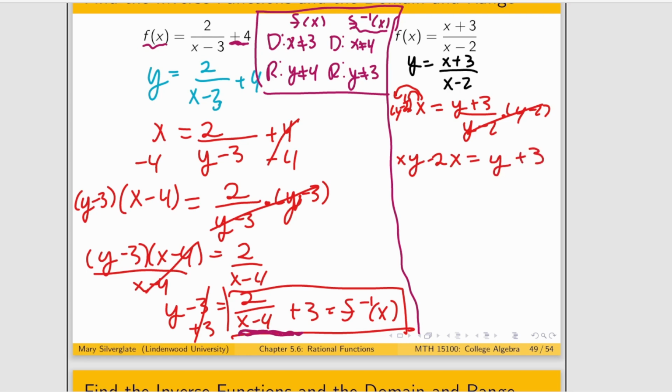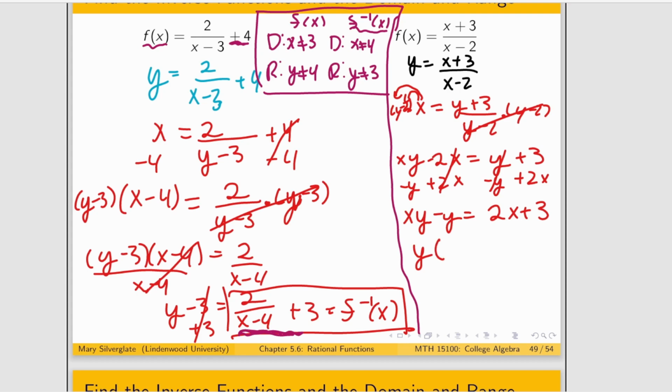Now I would move all y's to one side and all terms without a y to the other. So in particular, I would add 2x to the other side and subtract y from this side. You're really just rearranging. So I get xy minus y is equal to 2x plus 3. Then, since both xy and y have a y in them, we can factor out a y. And what would be left?